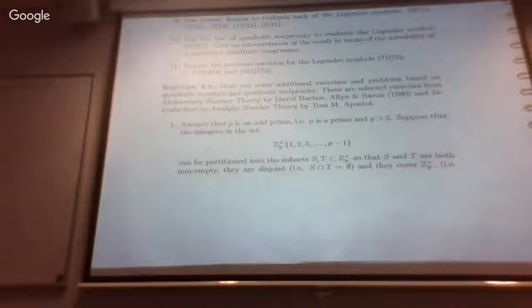Well, in Z_p, integers modulo p, we have the quadratic residues and the non-residues.